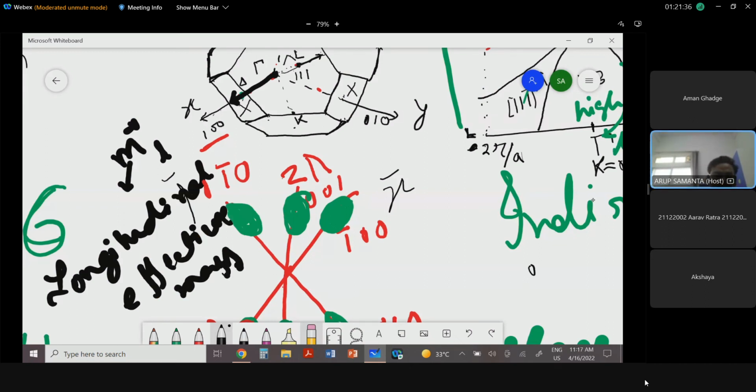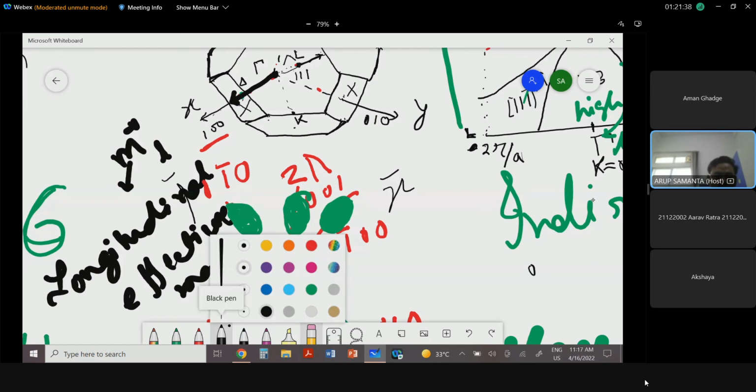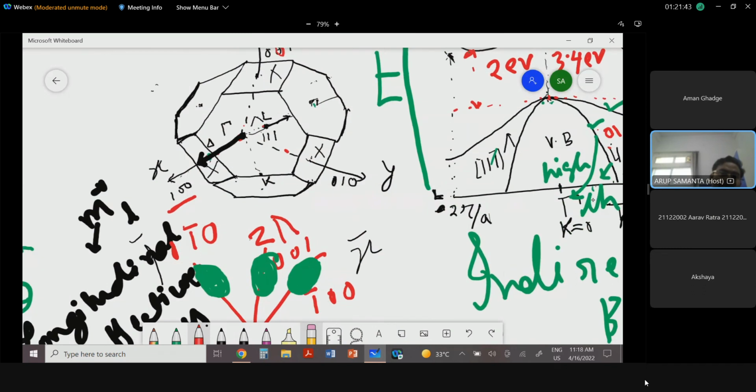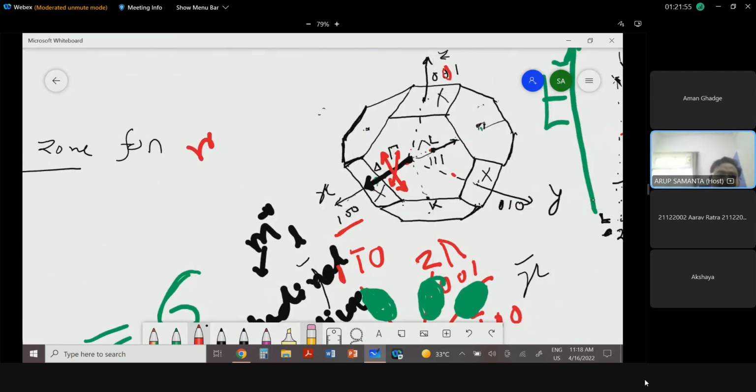And if you move along the perpendicular directions, the other mass comes as the transverse effective mass.